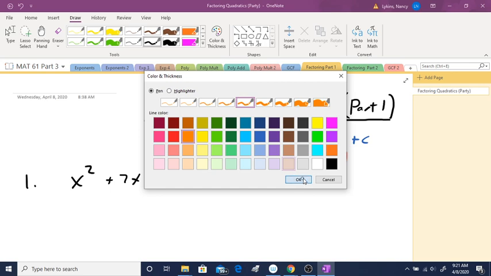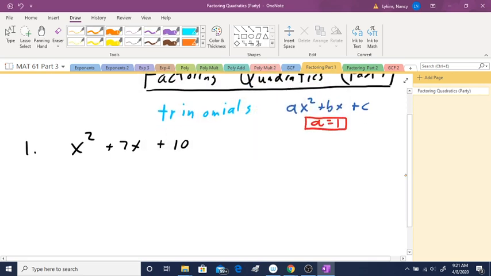What I like to teach all of my students is understanding that really there's an a here in front of the x squared, it's 1. So technically what we need to do is you take your a times your c. This is the method a times the c. In this case you would get 10 because a is 1 and c right here is 10.